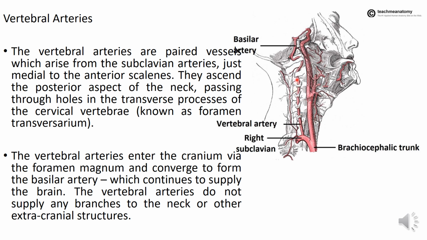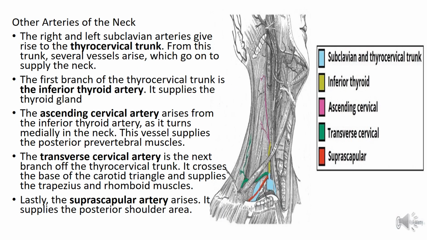So we have to understand here, just like the internal carotid artery, it does not give any branches as it ascends to the base of the skull. It straight away passes through the foramen transversarium to the foramen magnum. It enters the brain as the basilar artery. Then it gives different branches to the different parts of the brain.